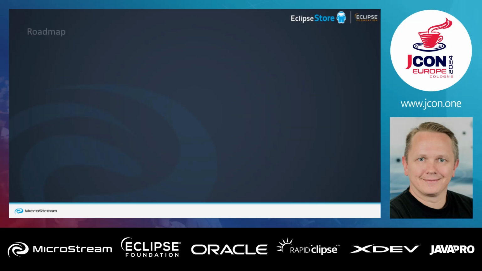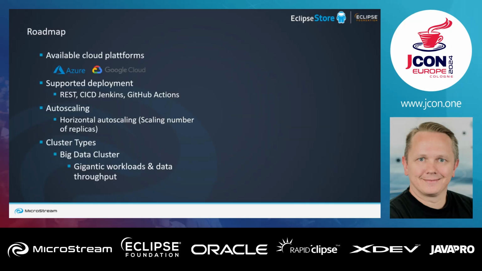And more important, this is the roadmap. As I said, we're working on Azure and Google Cloud. The supported deployments we talked about, a CI/CD Jenkins possibility. We are working on an auto-scaling feature. That means you could say, okay, I want to have a minimum of 2 and a maximum of 5 servers.